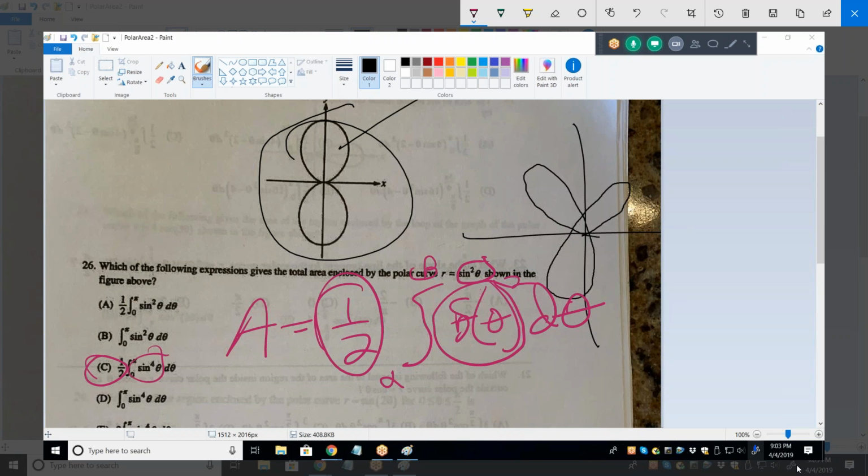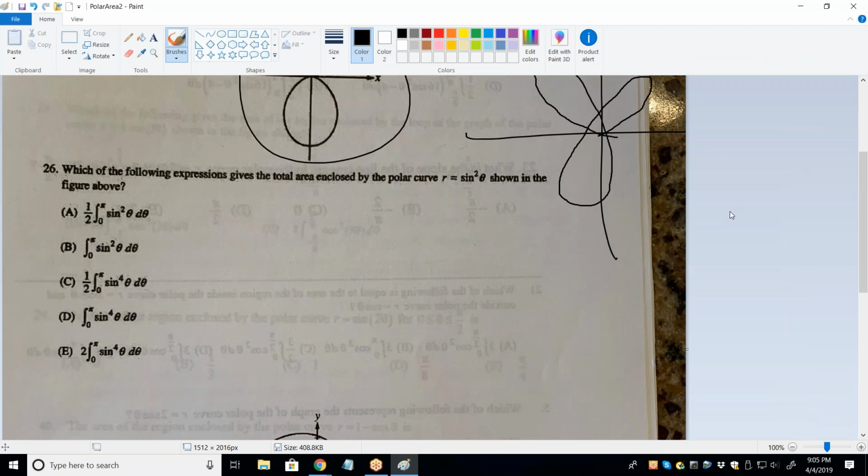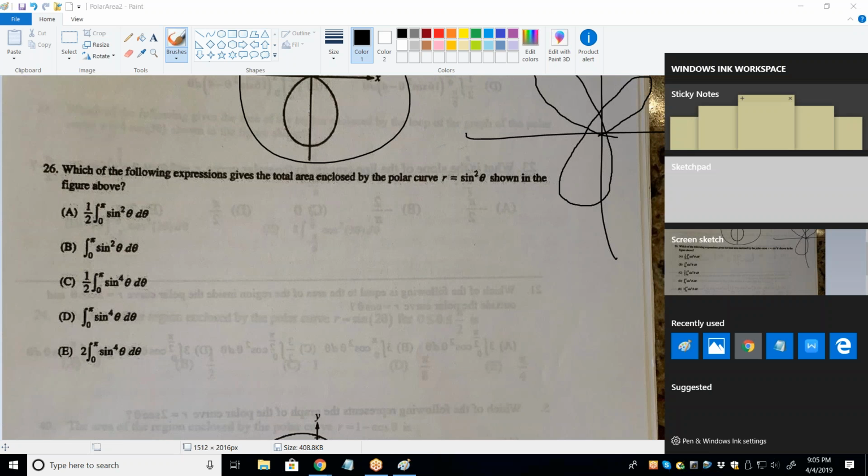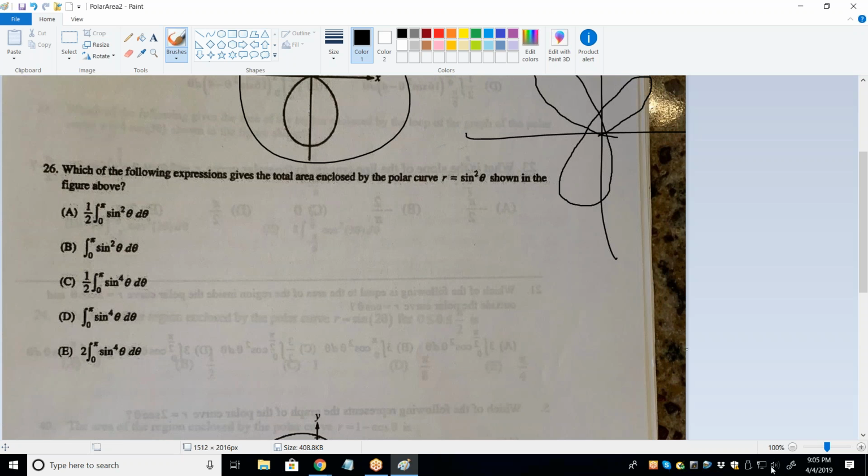That's everything we need. Nothing else works. In fact, you can cross off the sine squareds of theta, so you know the answer has to be C, D, or E. And you can almost guess from that point.